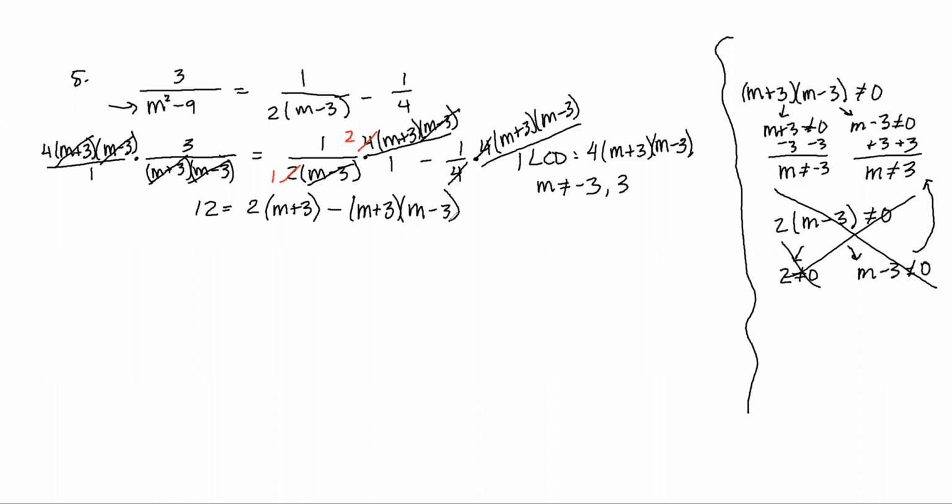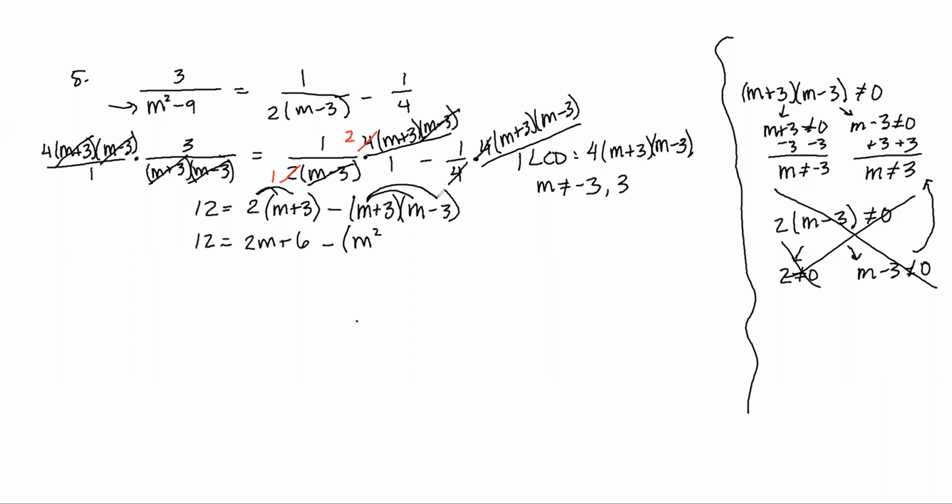So if we go ahead and start simplifying a little bit, we have 12 equals, distribute the 2, so we get 2m plus 6. And now here, I'm going to go ahead and FOIL this out, but remember that we're subtracting this whole product. So I'm going to keep the subtraction, keep a set of parentheses, and FOIL. So m times m is m squared.